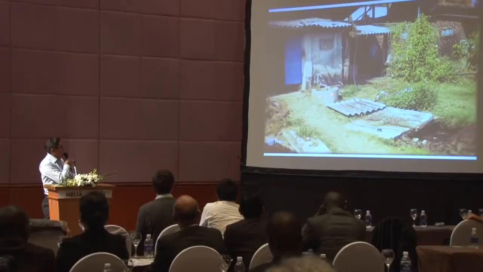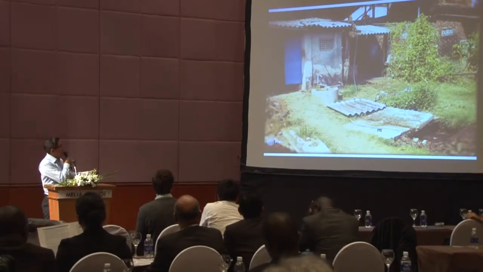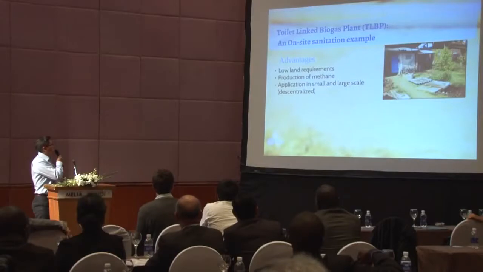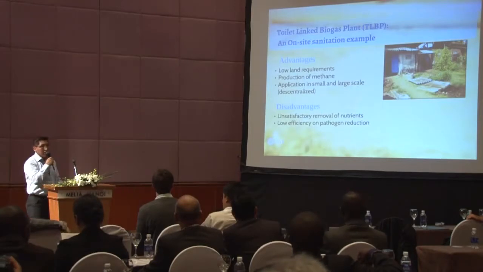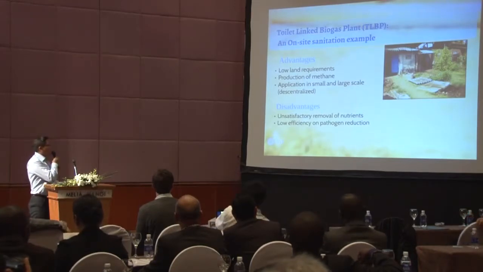It's a picture of how the system looks in the field. You can see the inlet to feed the digester, which is underground, and here's the effluent, and here's the toilet. The main advantages of this system: it has a low land requirement, it could be underground, it produces methane, produces biogas, and it could be applied at small and large scale. But the main disadvantage is the removal of pathogens, and also low removal of nutrients.